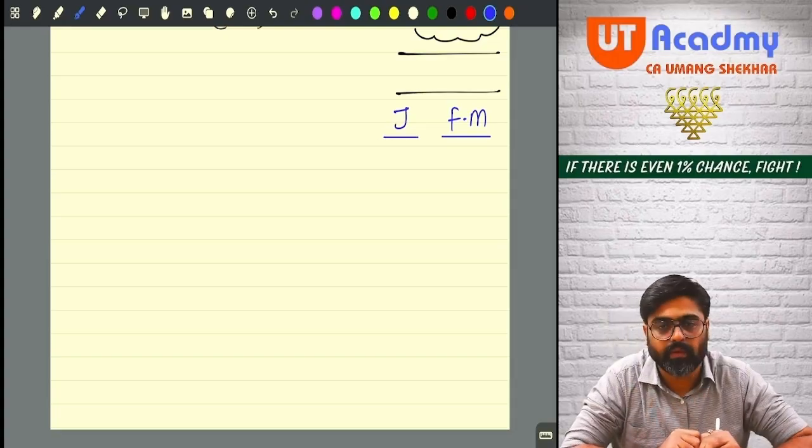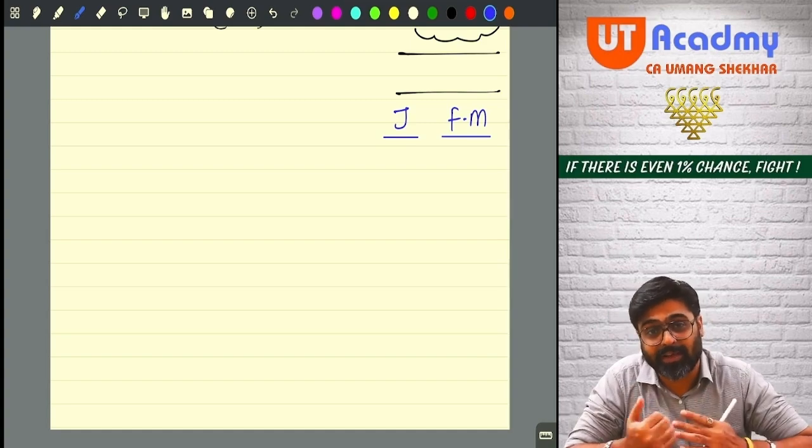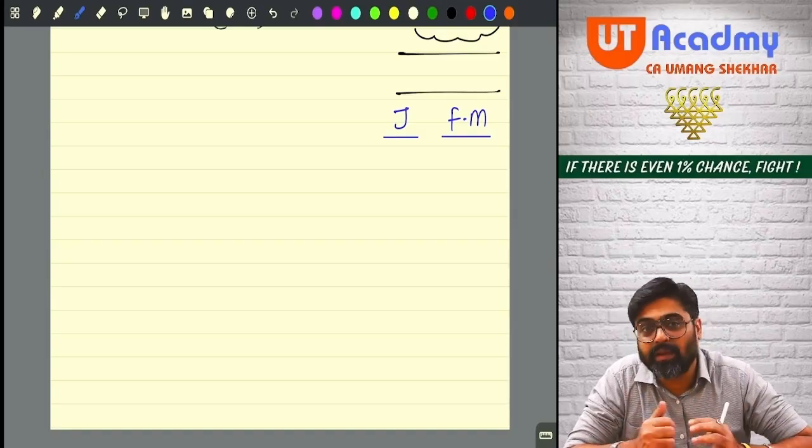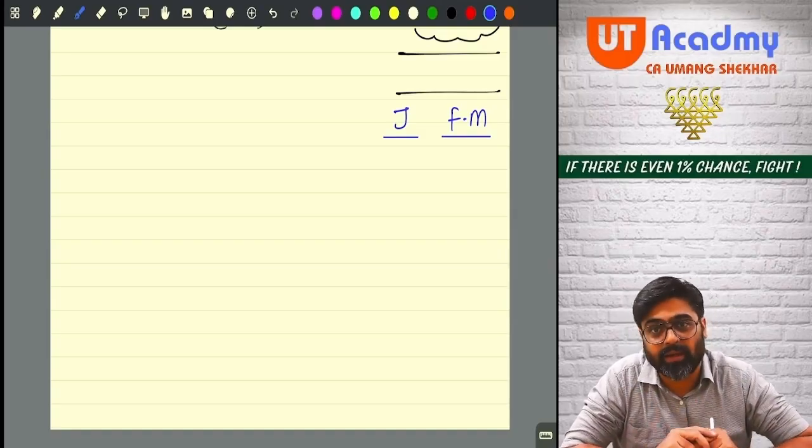Why? HRA is 7,000 only. But the salary is different in January because salary is increasing from February. So till January my salary will be different. Even though the rent is paid in Delhi, rent is also 8,000. But since the salary will be different for January, I will be doing the separate calculation for January.